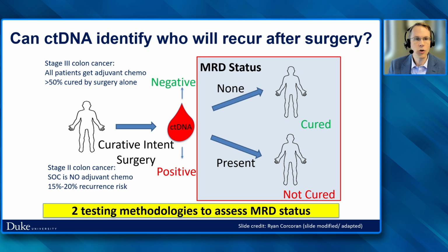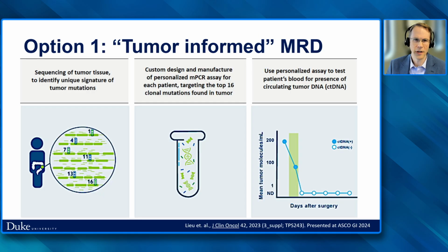So the question is, could we use this MRD technology, circulating tumor DNA, to better determine the risk profile of a patient and give adjuvant chemotherapy to the highest risk patients, sparing chemotherapy from patients who are at lower risk? Now, there are two different methodologies currently commercially available to assess this MRD status. And I'm going to go into those here in a little bit of detail.